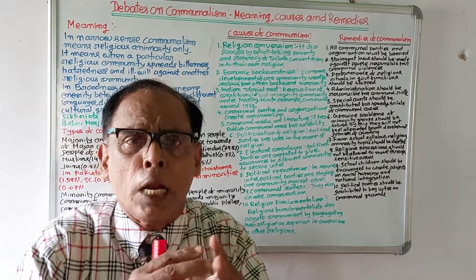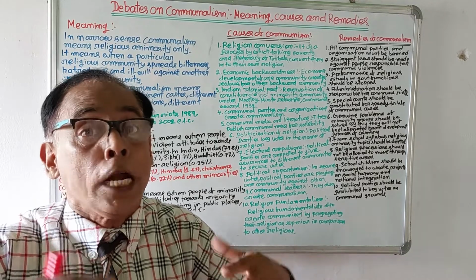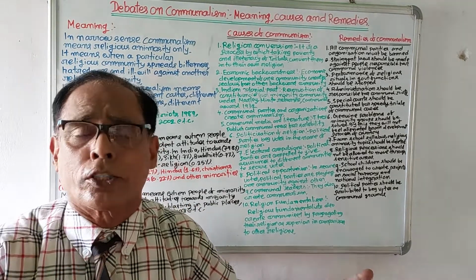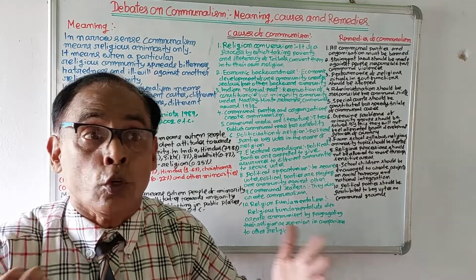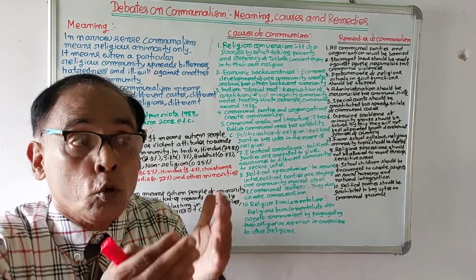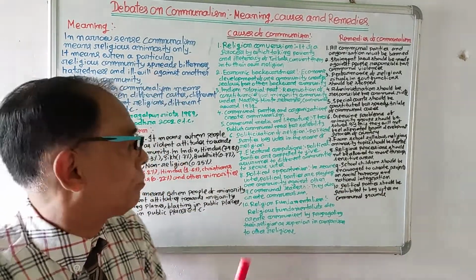Nowadays, political parties are so mad for power that they are interested in coming to power at any cost. So their eagerness to come to power compels them to beg votes from different communities on the basis of religion.